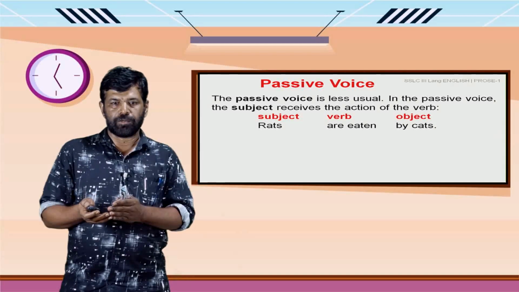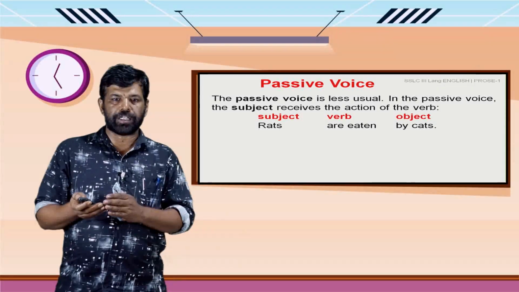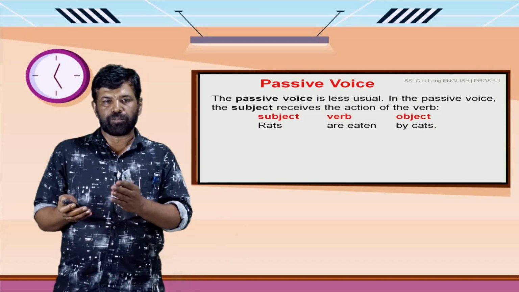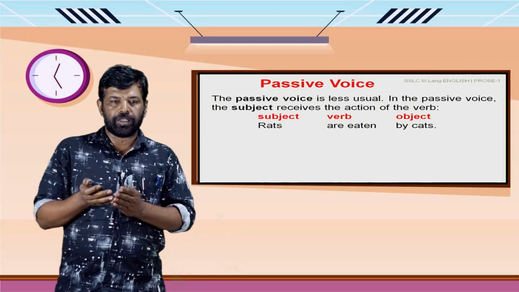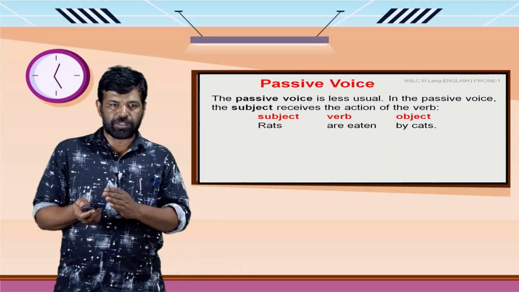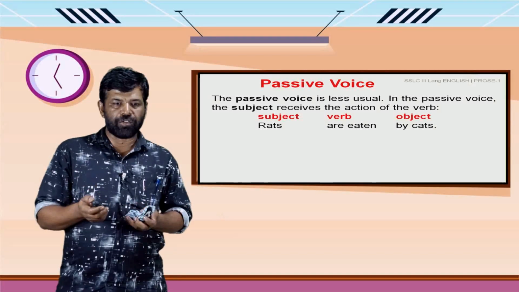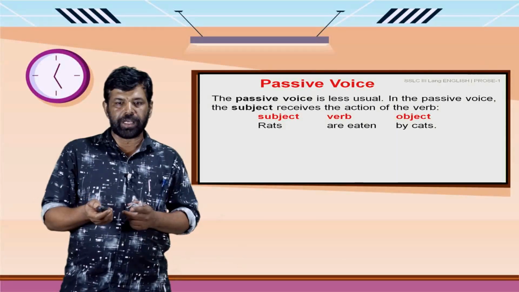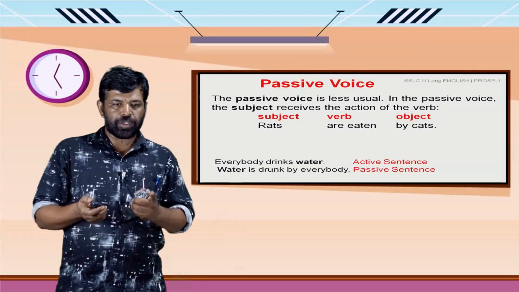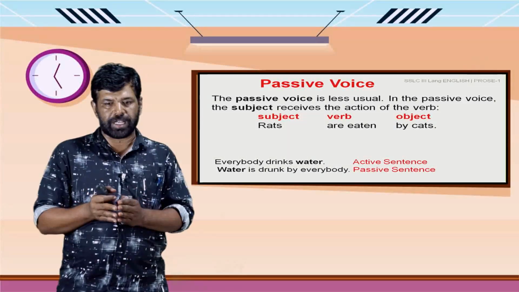It is used only when the subject receives the action, that is, where the action is important. In passive voice, the action is important; in active voice, the person doing the action is important. The earlier sentence has been changed to passive voice, that is, rats are eaten by cats.